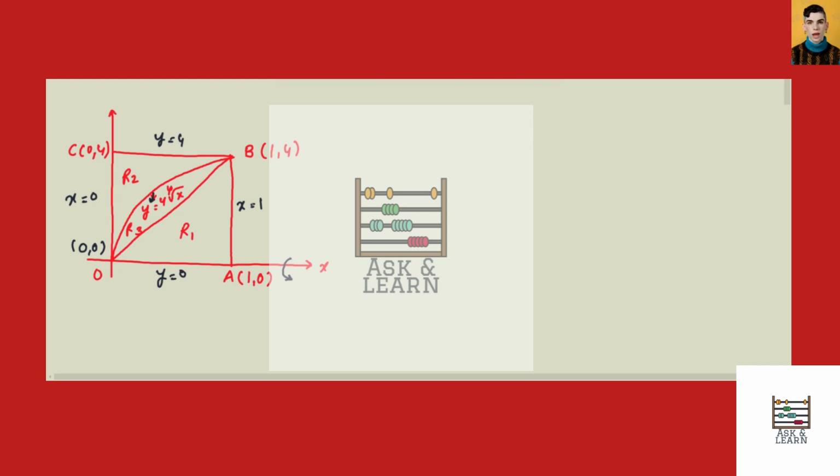So the whole area, we can assume it to be R. We know that if it is rotating, then the area becomes pi R square. So the area covered will be pi R square, and we will just integrate it to get the volume in this way.